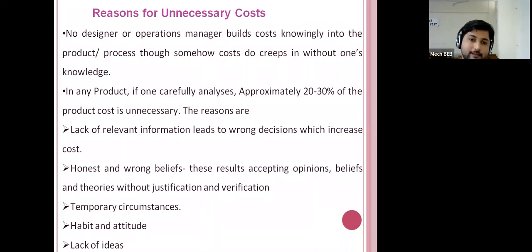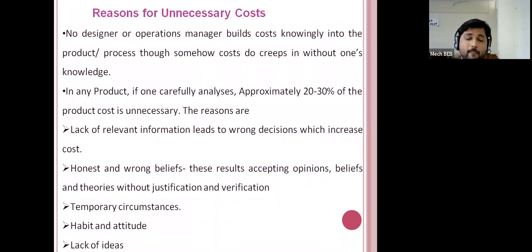The causes of unnecessary cost are: lack of relevant information leads to wrong decisions, which increases the cost. Then believing someone else's opinion will also inculcate unnecessary cost. Sometimes there may be temporary circumstances, temporary problems in the industry, and to deal with that particular problem, some unnecessary costs are inculcated in the product.